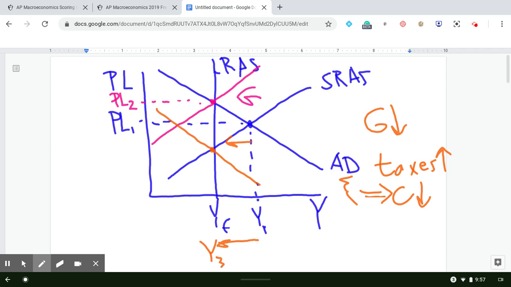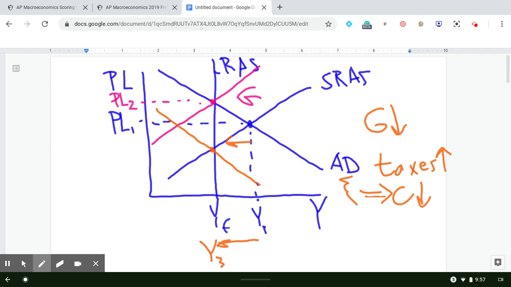And they kind of want that to happen because they're more concerned about inflation than they are about unemployment. The other thing is the natural rate of unemployment. Well, this AD curve has no effect on the long run aggregate supply curve. So there is no change in the natural rate of unemployment. It just stays steady right there.